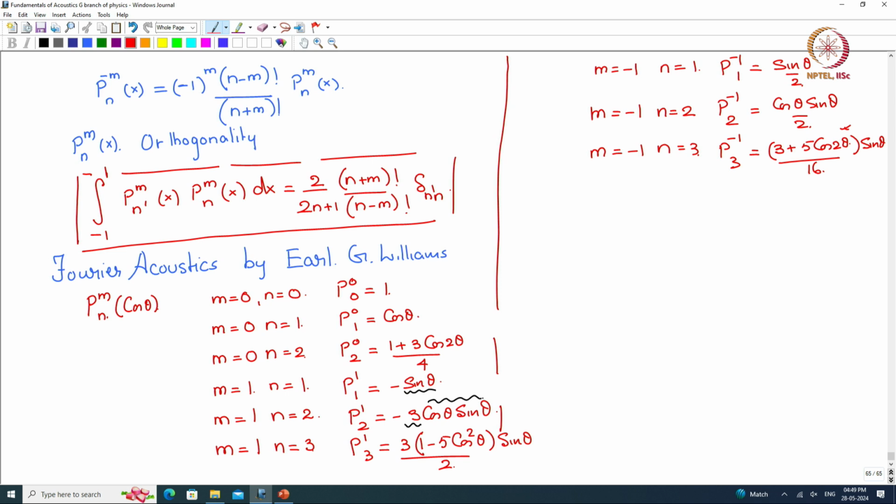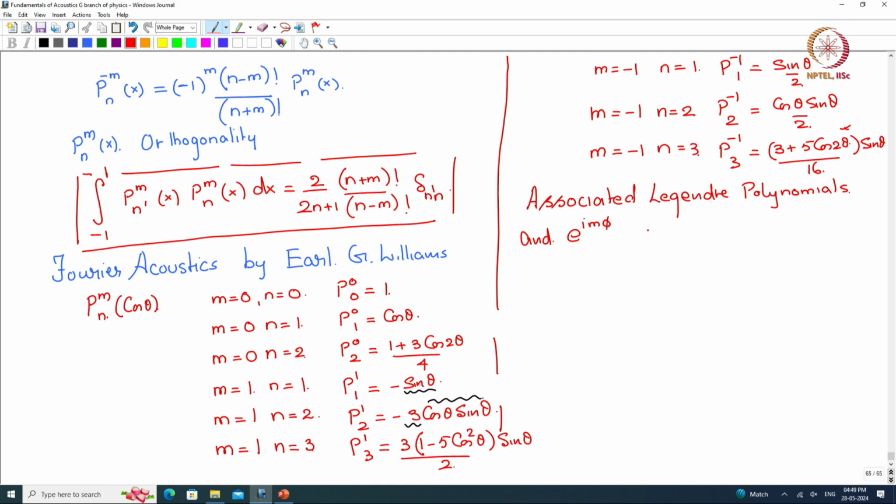Now what we are going to do is combine these Legendre polynomials and associated Legendre polynomials with the e to the power i m phi function.